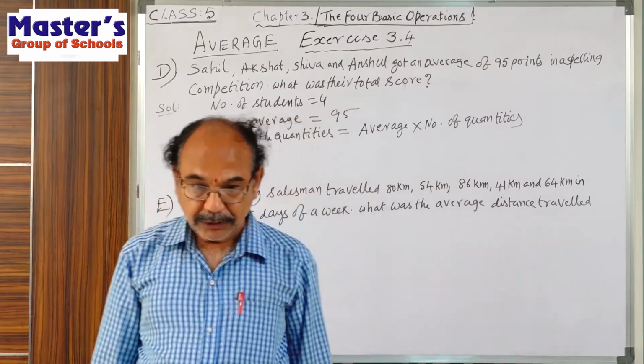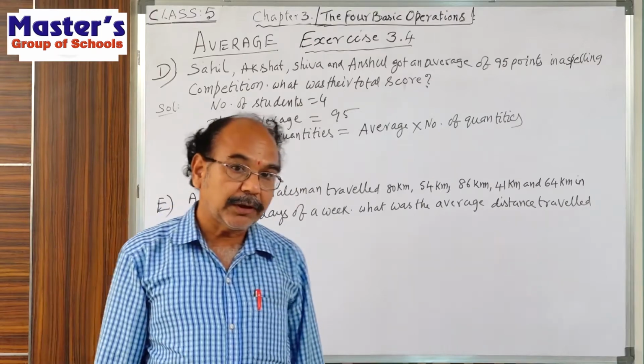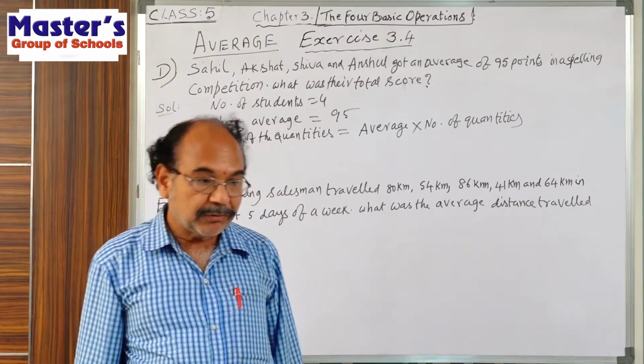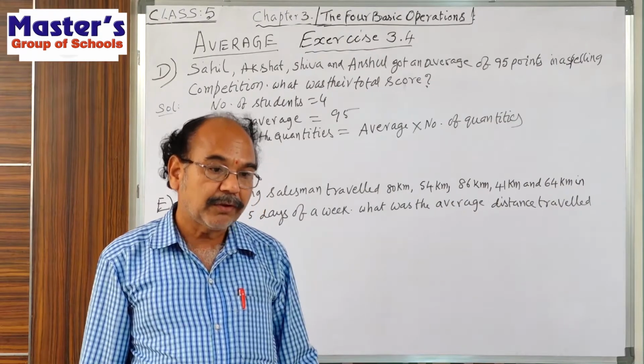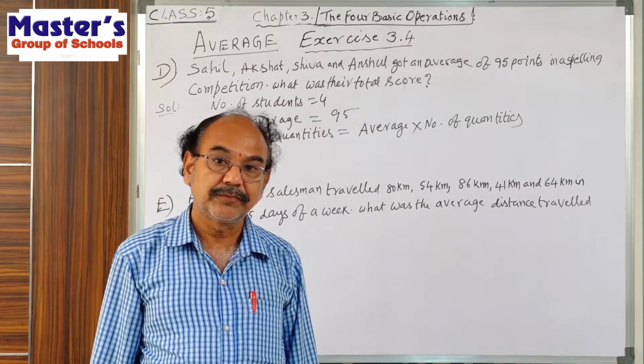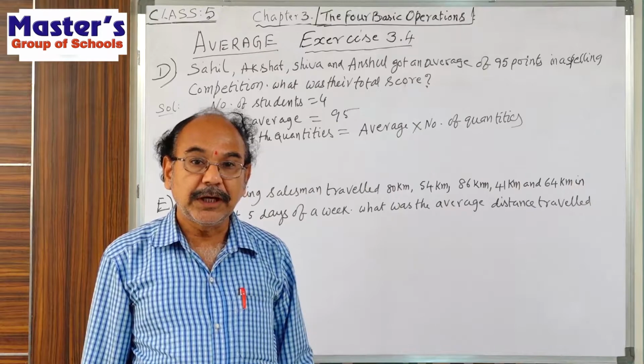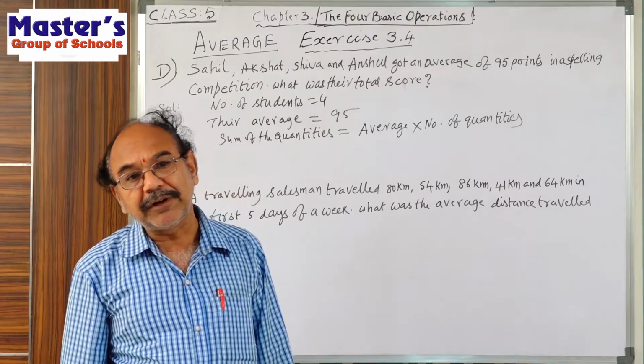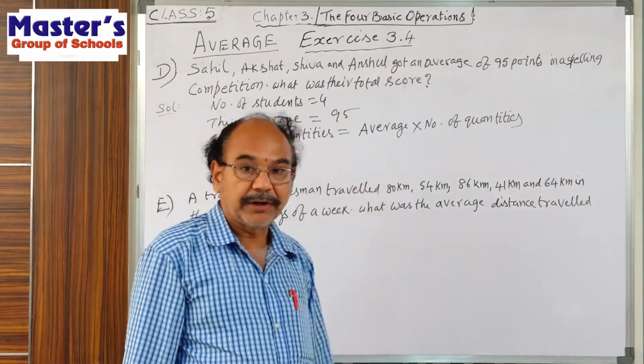Okay, children. What is the main formula here? Average is equal to sum of the quantities by number of quantities. He asked for a sum here. Sum of the quantities is equal to average into number of quantities.